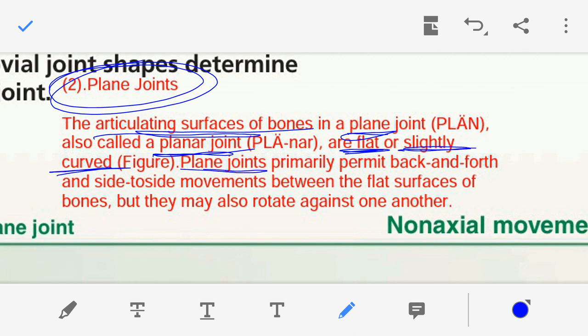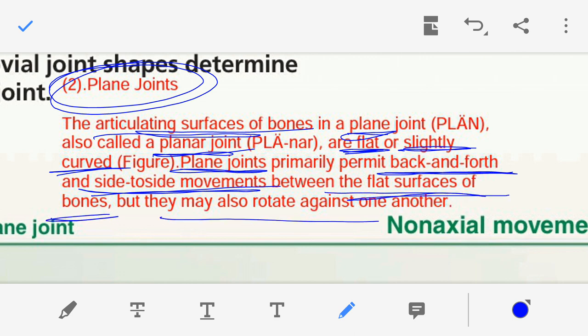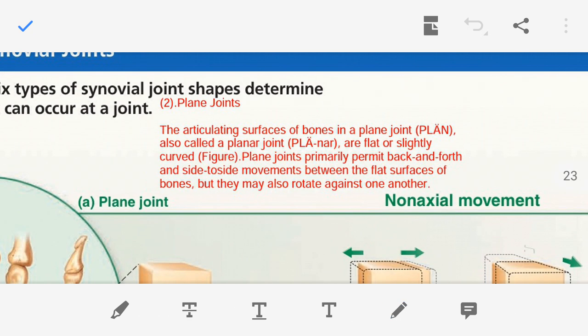The plane joint enables back and forth and side to side movement between the articulating bones. Between the flat surfaces of the bones, they may also rotate against one another.